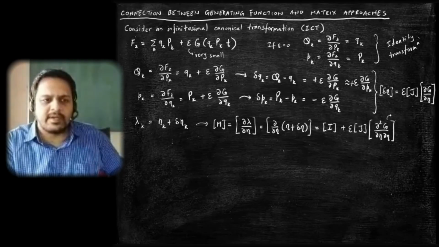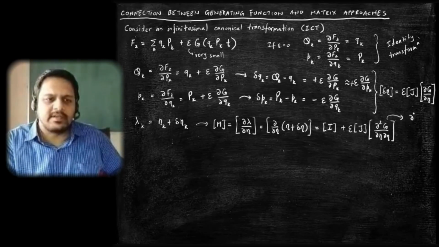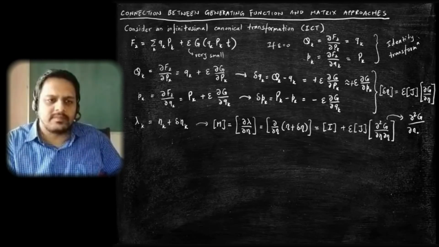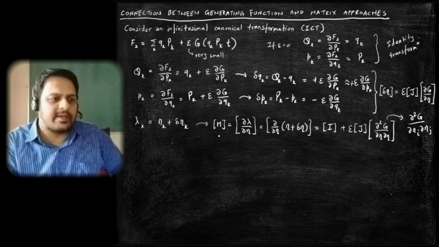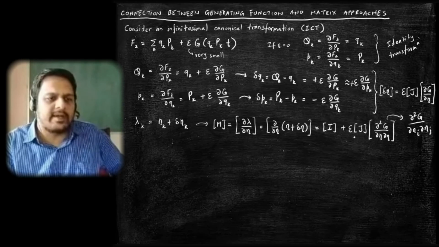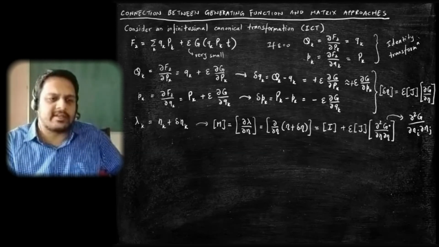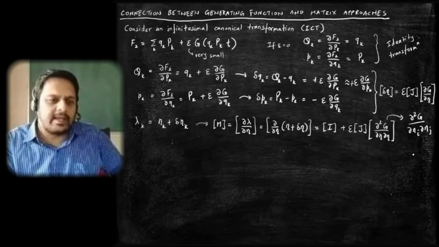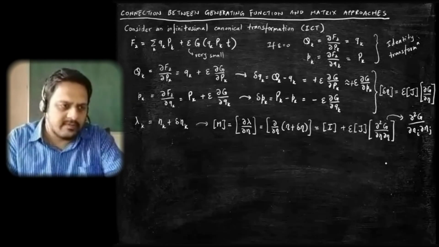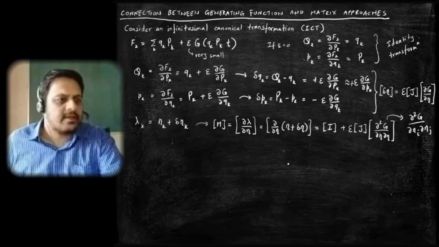This is a square matrix now, which has general entries ∂²G/∂eta_i∂eta_j. So the Jacobian matrix can be written as the identity matrix plus a small number times the J matrix times another square matrix given by ∂²G/∂eta_i∂eta_j. This is what we have. Okay.